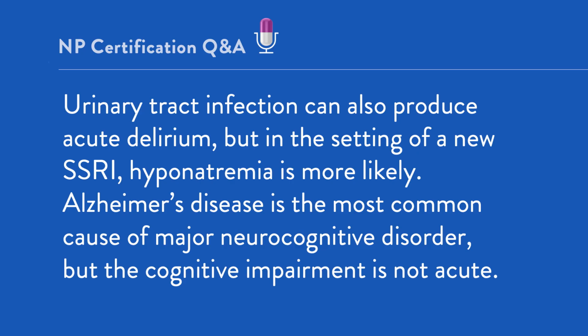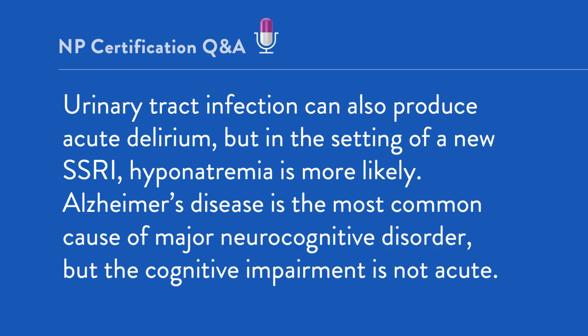And I'm not even suggesting that a UA is not appropriate in this patient, but as we look at the scenario as it's presented and the answer choices that are provided, hyponatremia is more likely because we know A, the older adult is more prone to hyponatremia, and B, an SSRI can lead to hyponatremia. So I'm not saying a UTI isn't possible. It's good number 2. But in this case, hyponatremia is the best answer of those provided.